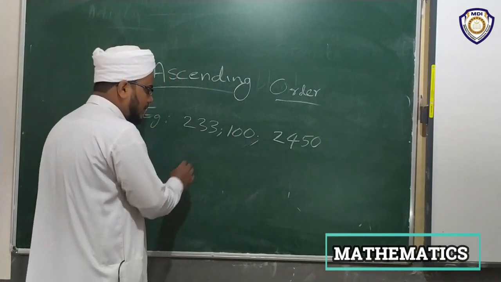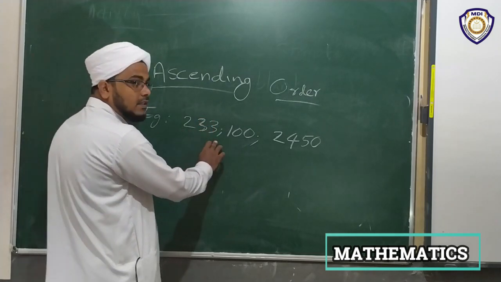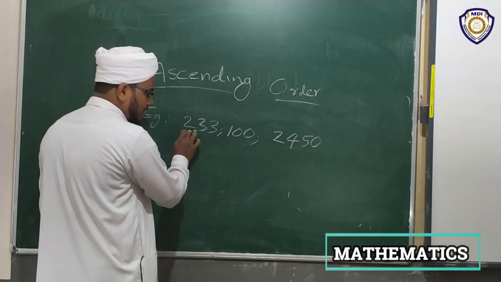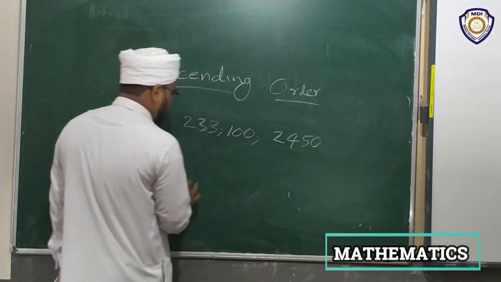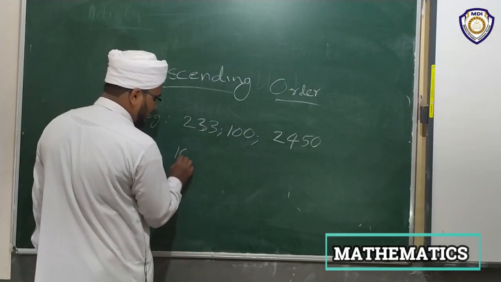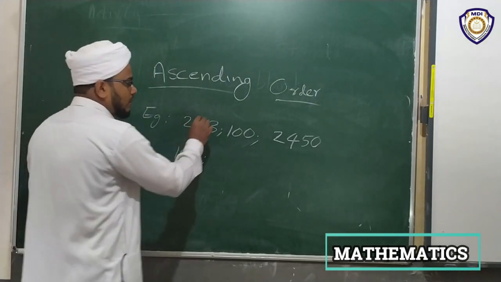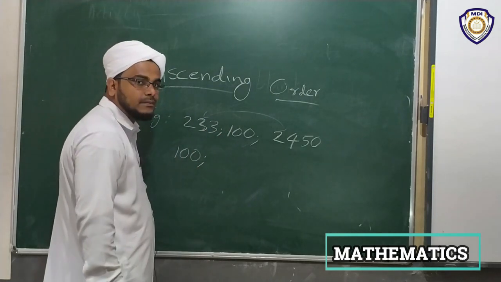Which is the smallest number? Yes, 100 is smallest, smaller than the other numbers. So first we take this 100. Then we take the other two numbers and see which is smaller.